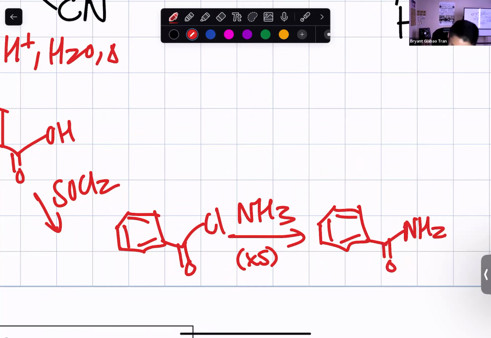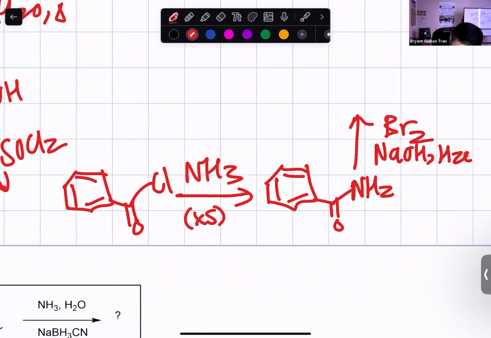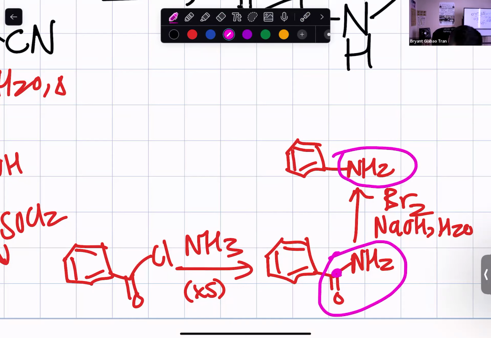From this primary amide, we do the Hofmann rearrangement with Br2, NaOH, and water to get rid of that carbon and get the amine here. Minus 1 carbon. We substituted this whole amide with this amine. We got rid of that carbonyl carbon.